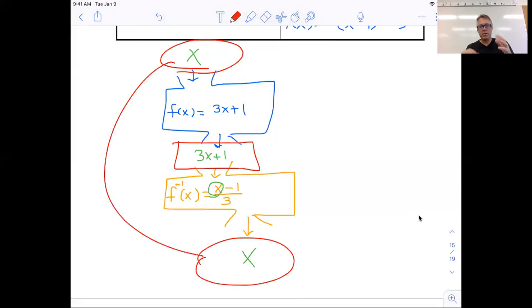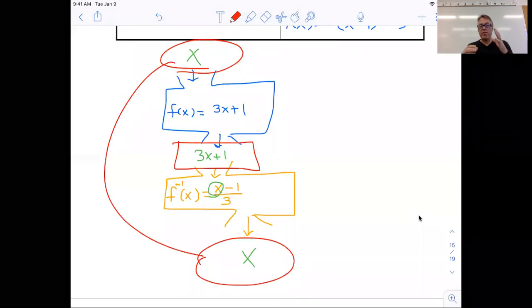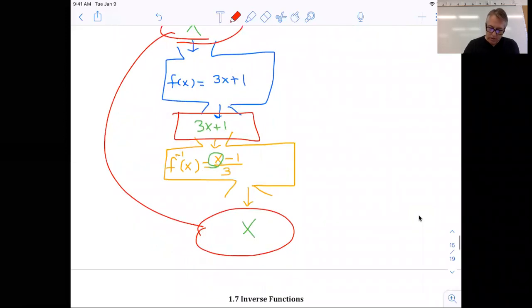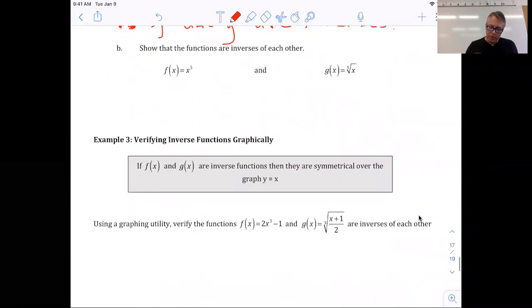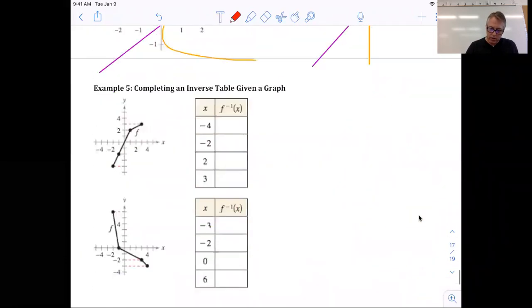So what happens is, remember, domains are x's and ranges are y's. So if you have a function with an x and a y value, the x and y value of the function switch position to be the x and y of their inverse. So when you have an inverse, the x's and the y's switch.